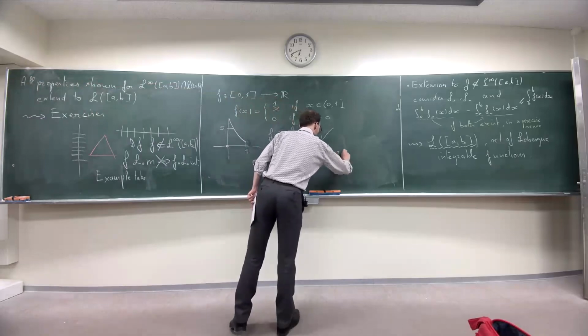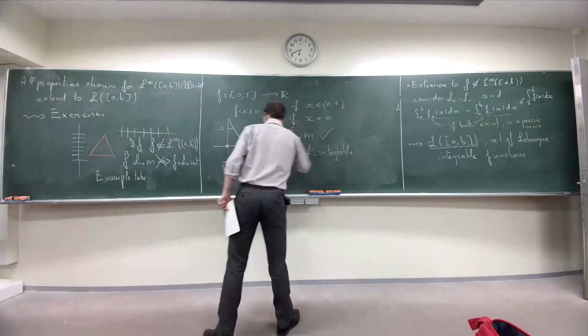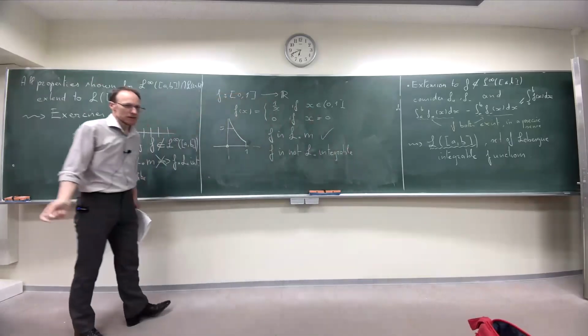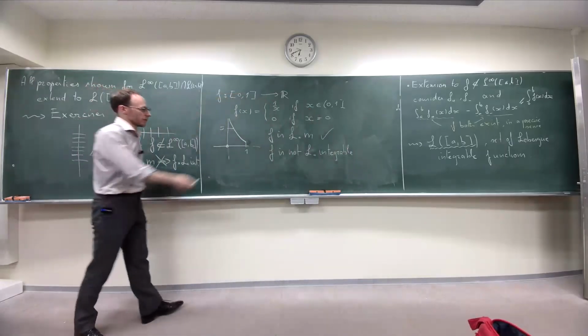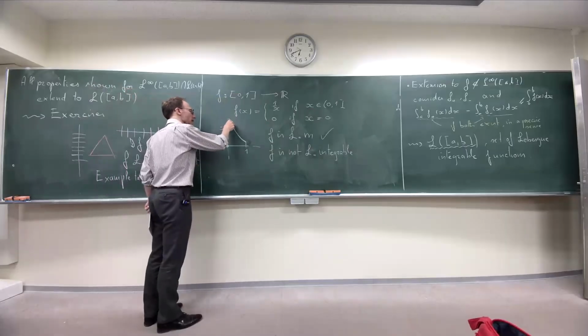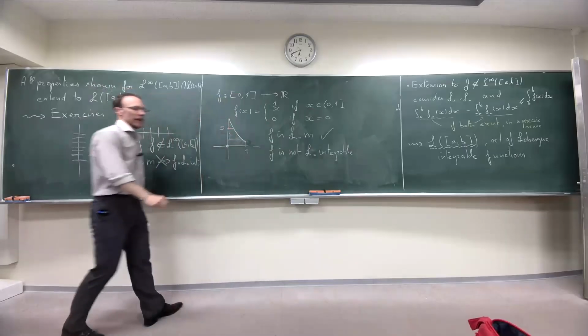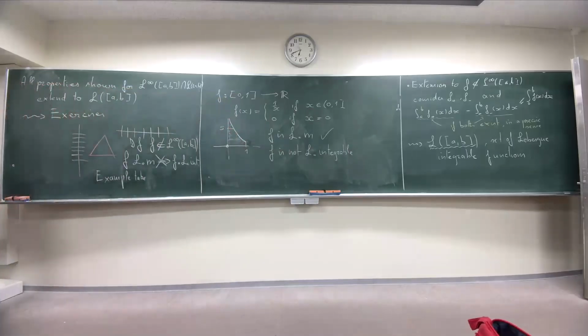Otherwise, and you can do it really by checking what Lebesgue integrable means, it would mean that this surface is finite, and we know it's not. So for unbounded functions, be careful, you don't have this equivalence.